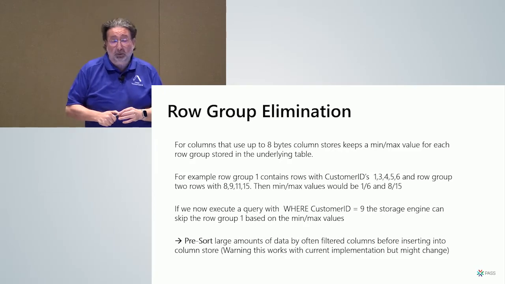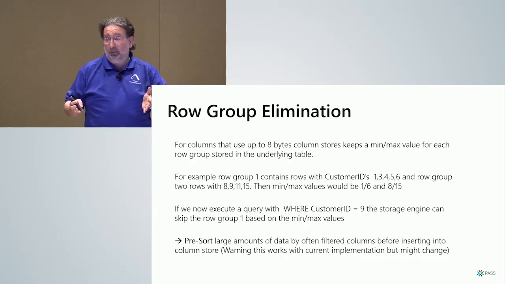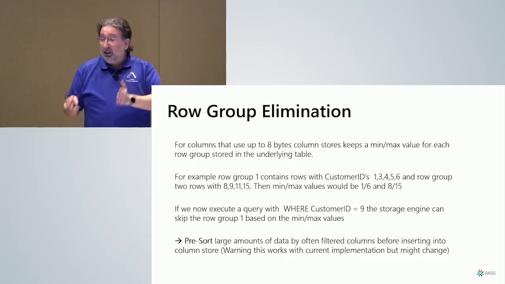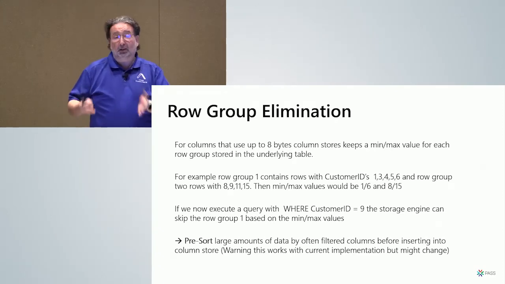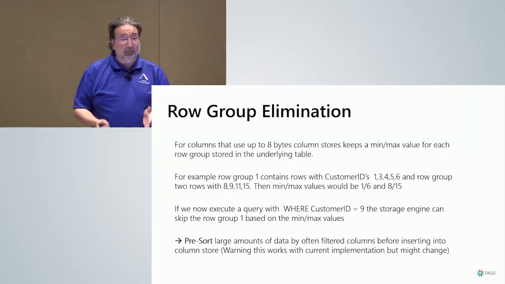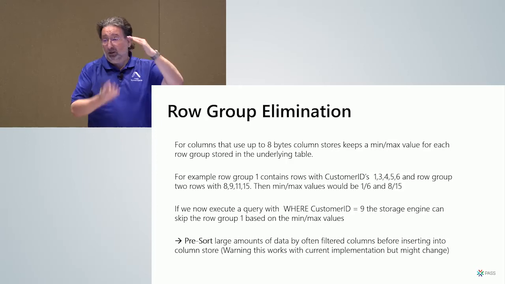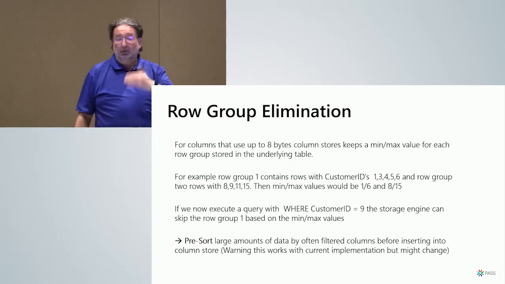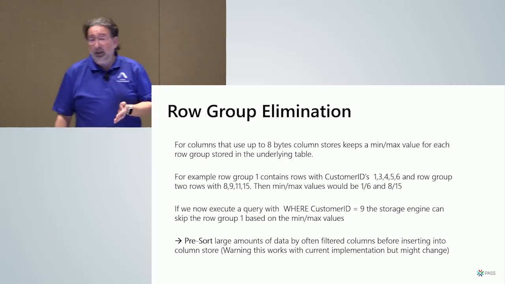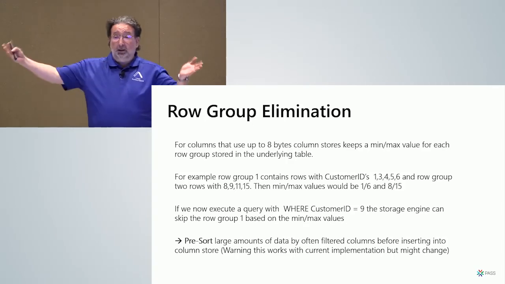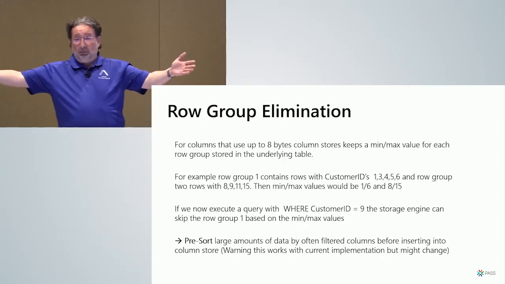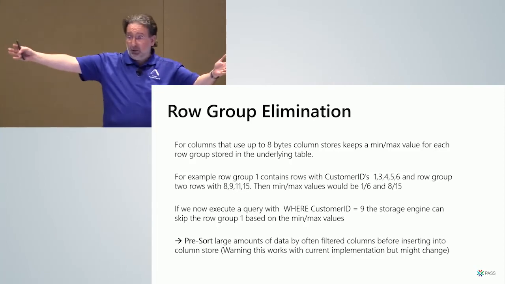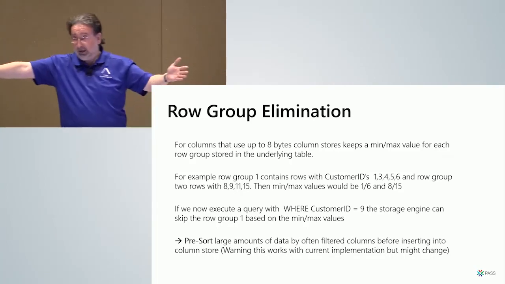But if you're clever when inserting the rows, and you pre-sort them by things you filter a lot, you're not only helping the compression because you have the same values all over the place, you're also helping yourself a lot in queries with that row group elimination. So just imagine our 3,000 partitions before. We didn't look at 2,999 of them.